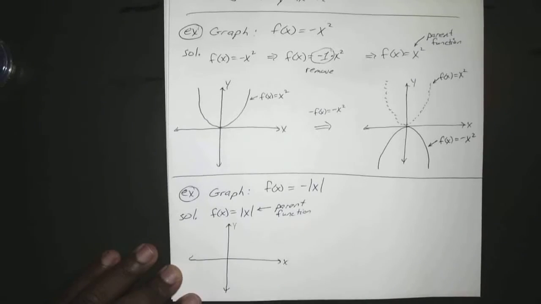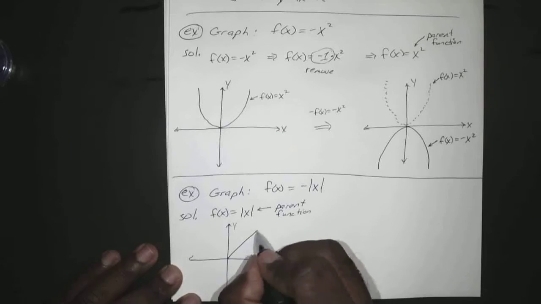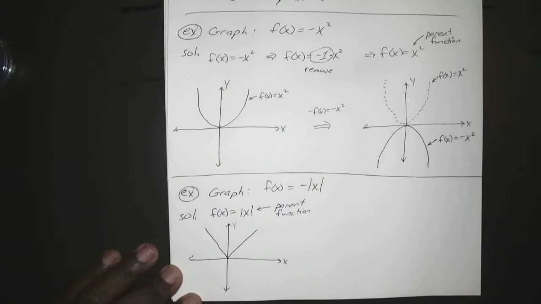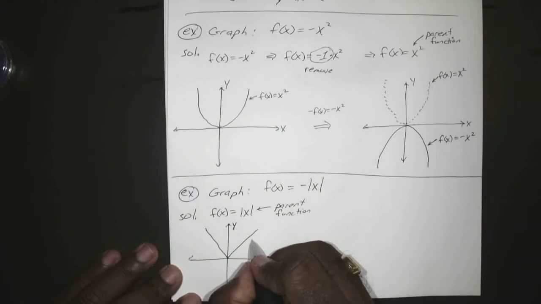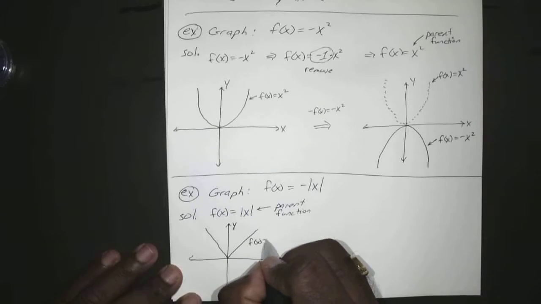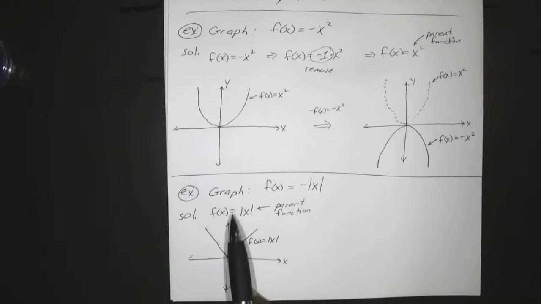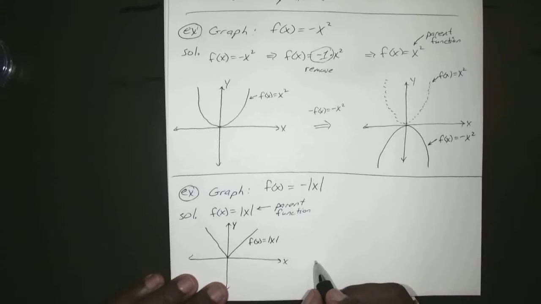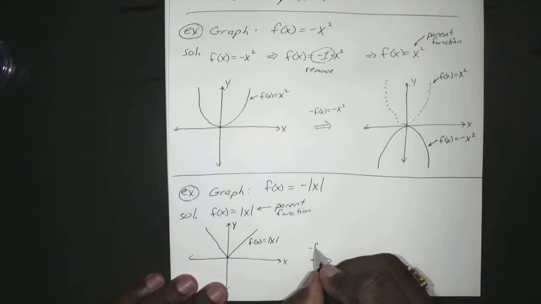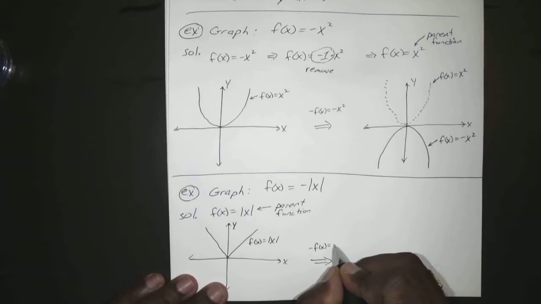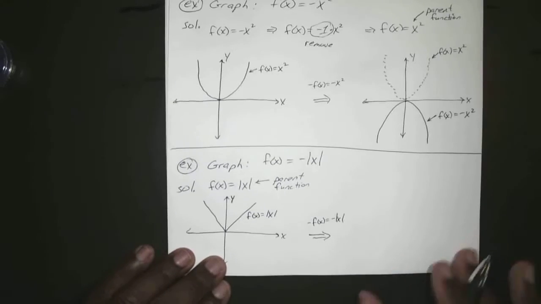You have your x and you have your y, and this is how your absolute value of x will look. F of x equals absolute value of x. Okay, so once that negative appears in front of it, so negative f of x equals negative absolute value of x.